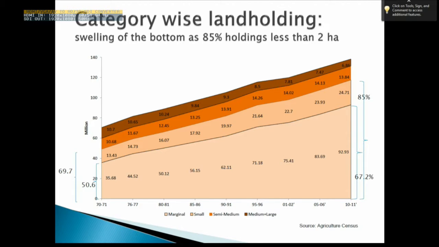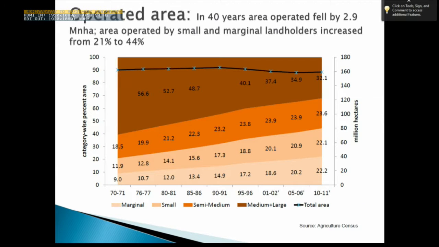The picture completes when we look at the operated area. So 138 million land holdings operating on 160 million hectares of land. In 40 years, the operated area has fallen by 2.9 million hectares. The area operated by the 85% of our small and marginal farmers has swollen up from 21% to 44% today.